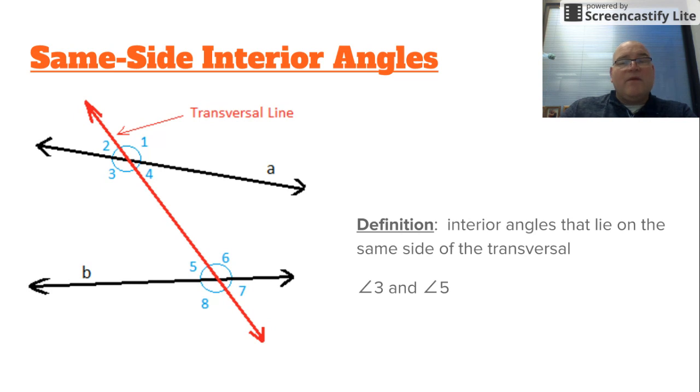What other angles help you with that? Yep, 4 and 6. For same side interiors, think of a C shape. If I trace the C, starting here on coplanar line A, down the transversal to coplanar line B. A backward C, 3, back to 5, and across.